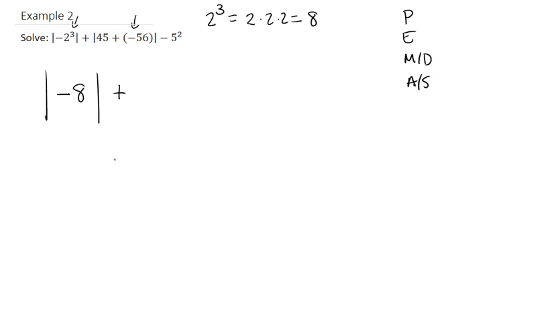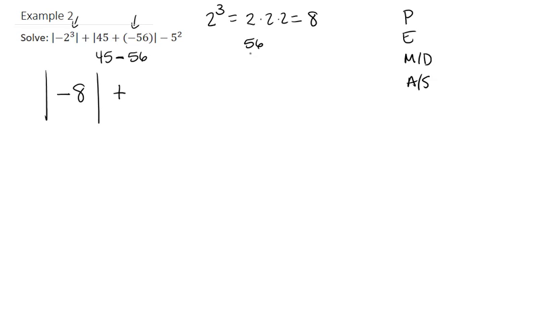Then we have plus. Then for this one, we have 45 plus negative 56. So we just have one operation in here. So we can go ahead and just deal with this right here. This is really just saying 45 minus 56.